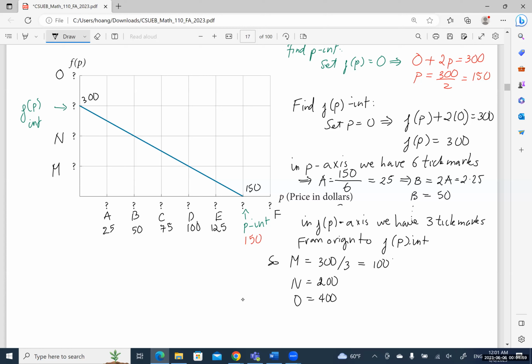I can fill in the rest. C equals 75, D equals 100, E equals 125, and F is going to equal 150. So that's going to be it for this problem. Okay.